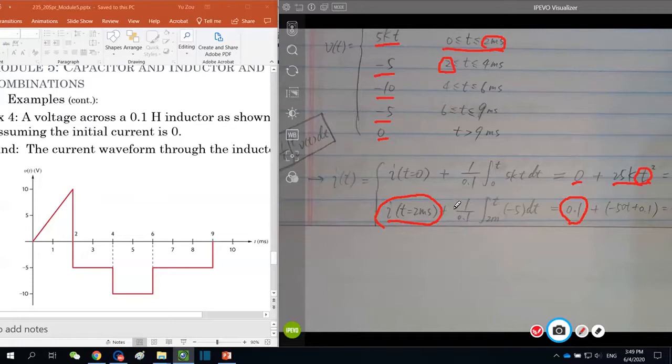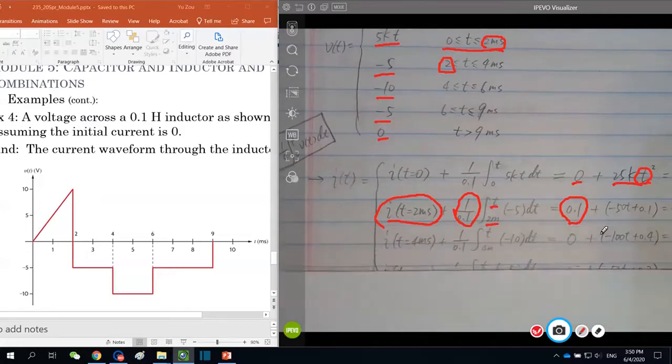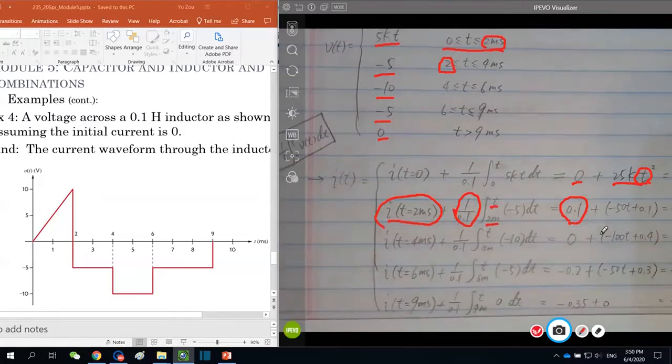Plus, this is pretty much 10 times the integral of -5, with lower limit 2 milli and upper limit t. As said, the third, fourth, and fifth are pretty much following the same idea.